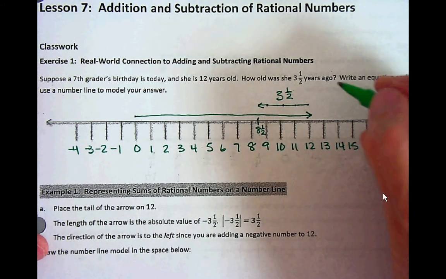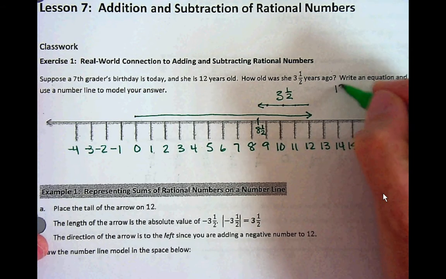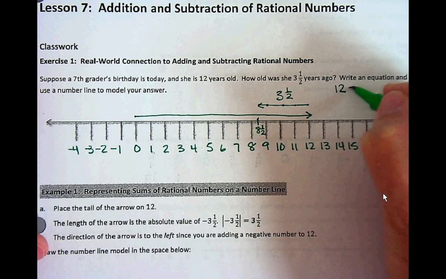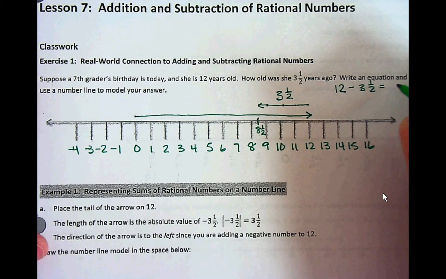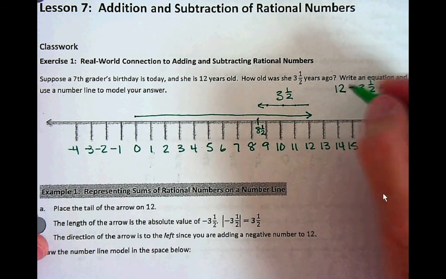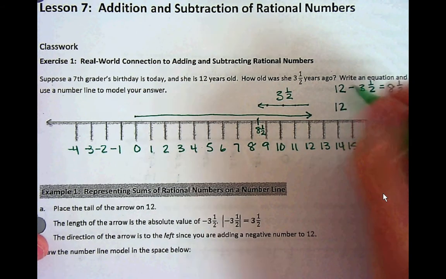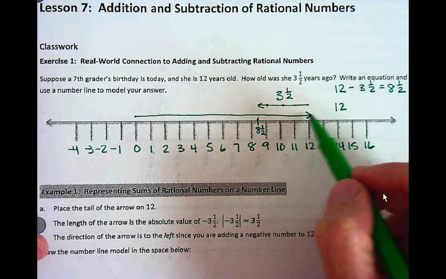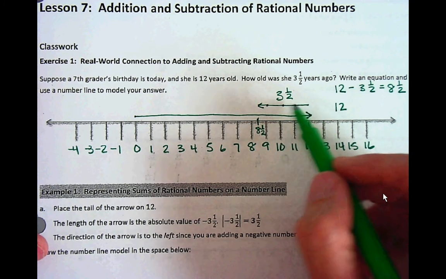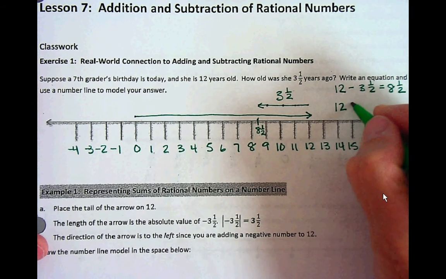And then let's go ahead and model this with an equation. So what we did was we have 12 and we have minus 3.5, which is equal to 8.5. However, we can also write this as 12, and because, again, using our number line, we start at the end of one arrow or vector, we have added a minus 3.5.